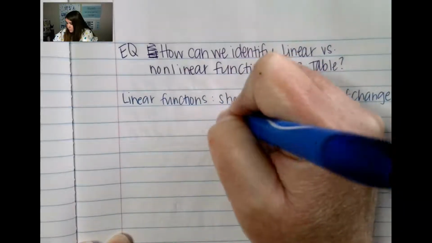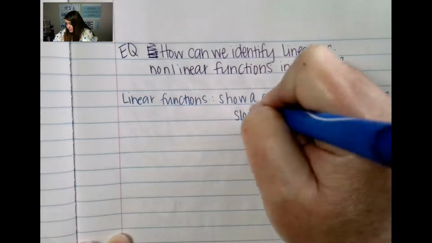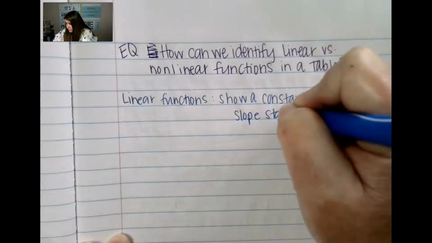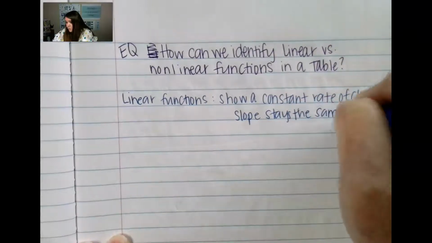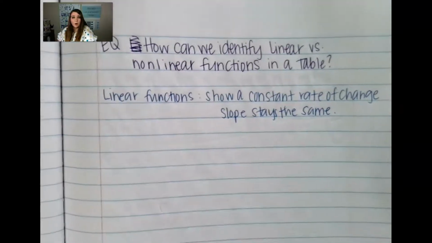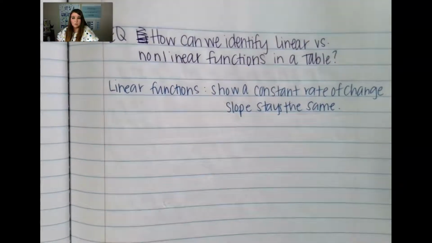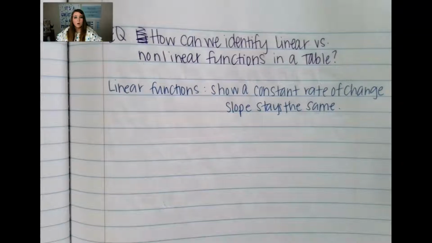So the slope stays the same. And that's between points. So as we go on our line, on the graph, when we look, it's the same distance between every single point on the line. Okay? So how do you know if it's non-linear?